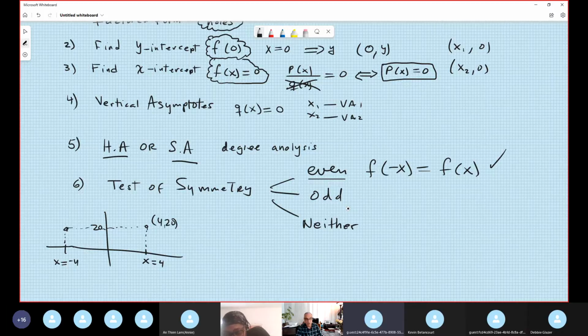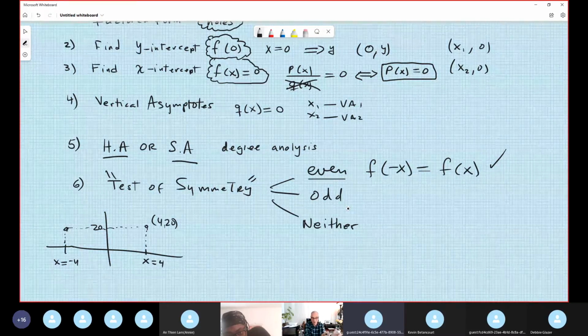So you spend 1 minute doing the analysis of symmetry, you save a lot of time because you determine it's even. Well, you focus only on the positive part of x, because I know that the negative part is the same.